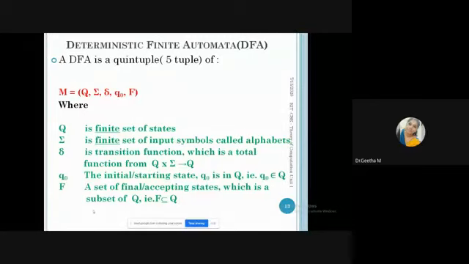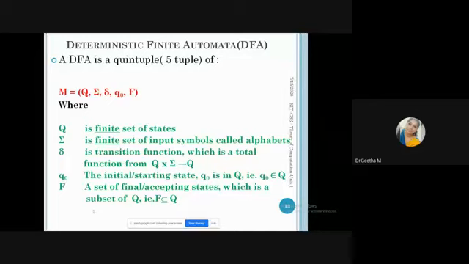Then sigma, the second point. Sigma is the set of input symbols, called alphabets. Then delta is the transition function.